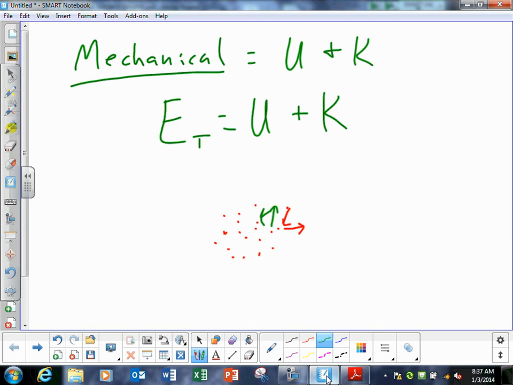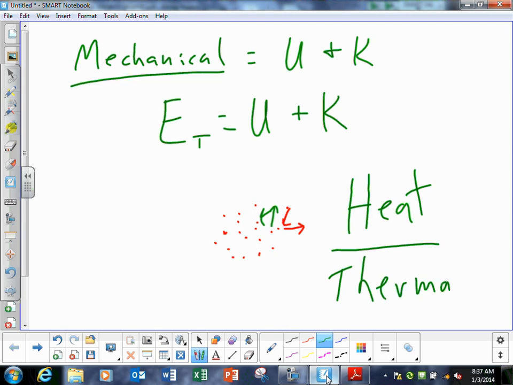But that movement of all these particles, numbered by something we can't even imagine because it's so big, is completely random, in all directions at all times. And that's called heat energy, or another word for that is thermal energy. Heat and thermal energy are not conservative.